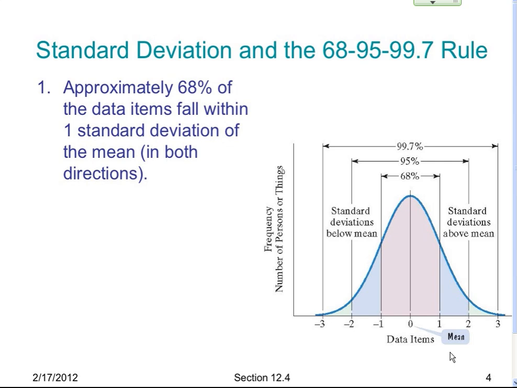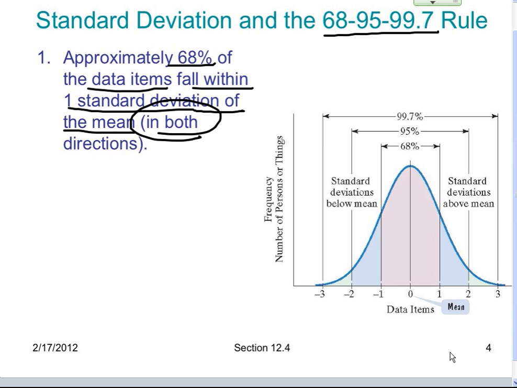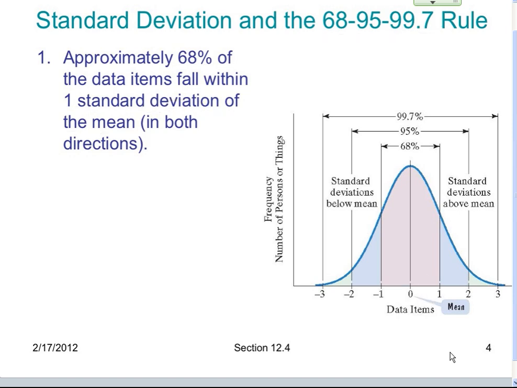This is called the 68, 95, 99.7 rule. What this says is approximately 68% of all data items, when we have a normal distribution, fall within one standard deviation of the mean in both directions. So if this is the mean right here, then you're going to have data items below the mean and data items above the mean.